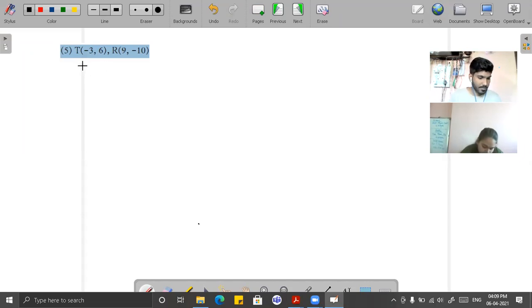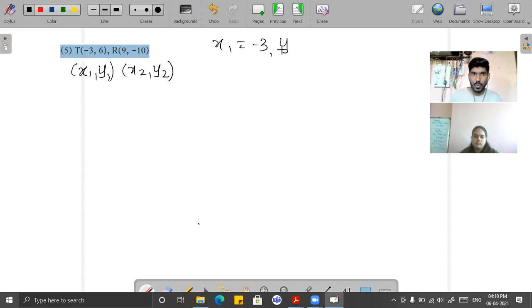Okay, so we'll take coordinates of T to be x1, y1, and you take coordinates of R to be x2, y2. So x1 is minus 3, y1 will be 6, x2 will be 9, and y2 will be minus 10. Now we'll use the distance formula.